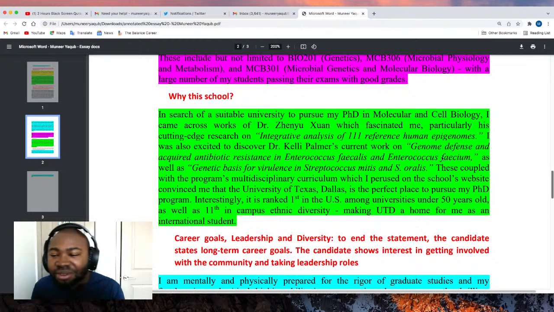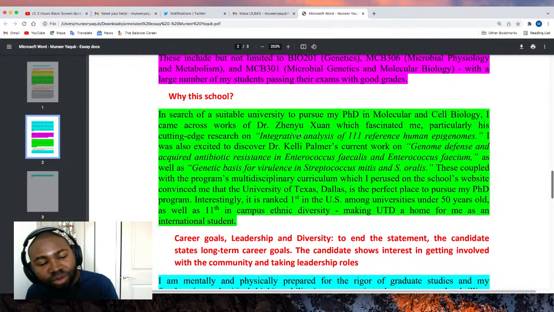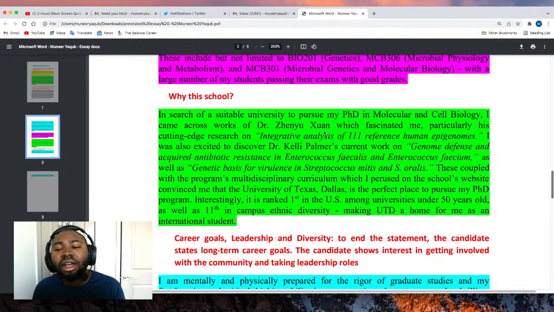And maybe he did. So you can mention one or two professors, or you can just go to the website and mention them and the research that they do and say, I came across these professors and their research, and I felt like I need to apply to this school.